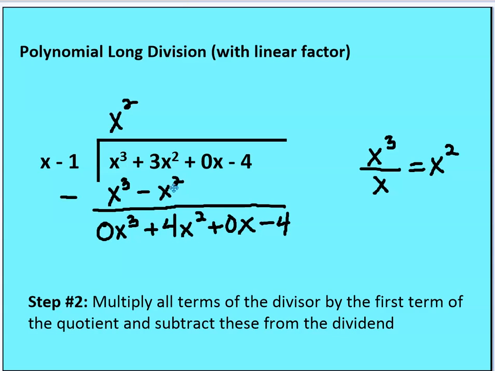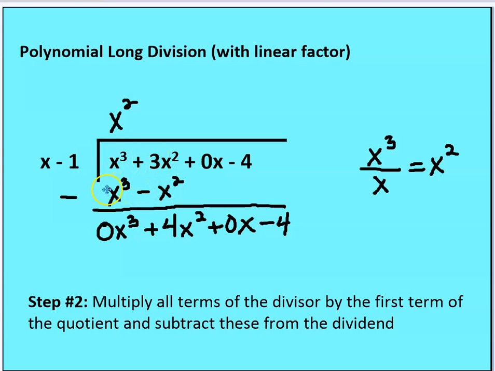Okay, and so now we're going to take x cubed minus x cubed. So we have to place this minus sign here. So we're going to subtract the result of multiplying the quotient by the divisor from the dividend. So x squared times x is x cubed. x squared times minus 1 is negative x squared.